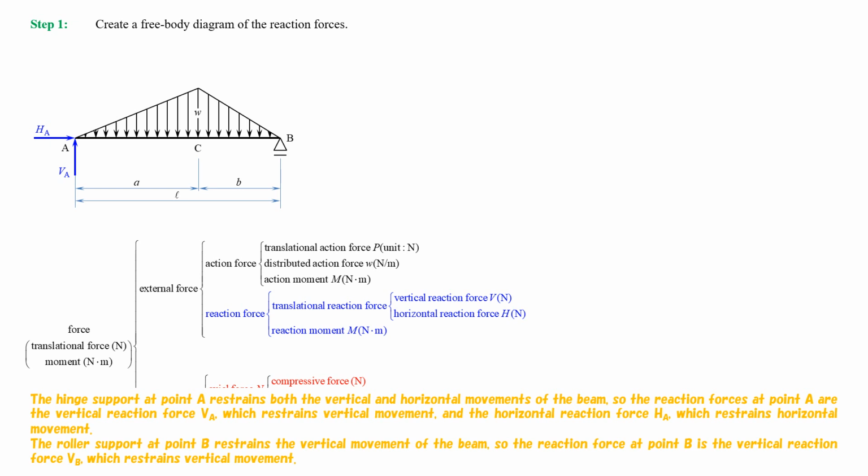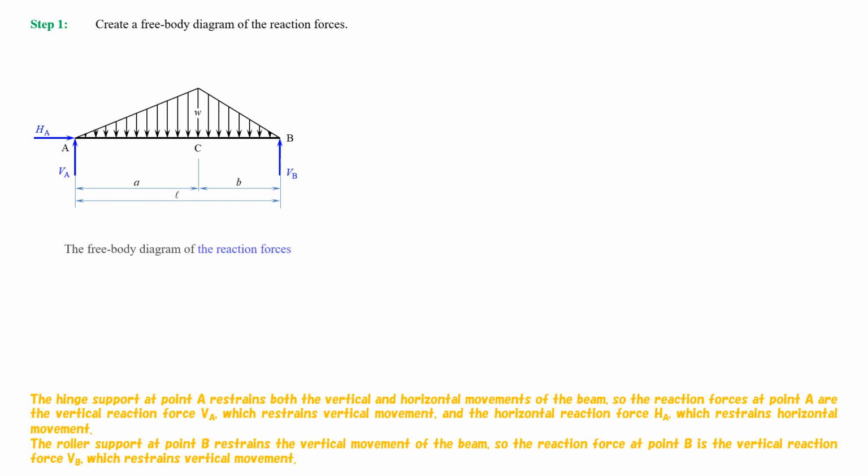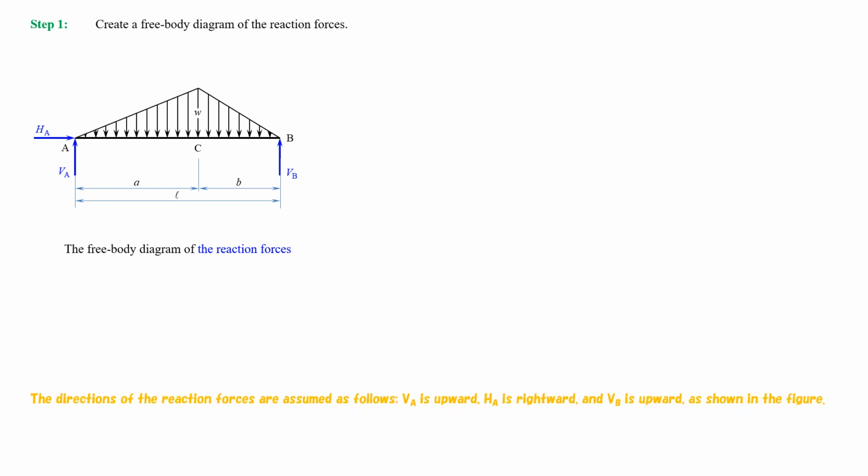The roller support at point B restrains the vertical movement of the beam, so the reaction force at point B is the vertical reaction force VB, which restrains vertical movement. The directions of the reaction forces are assumed as follows. VA is upward, HA is rightward, and VB is upward, as shown in the figure.